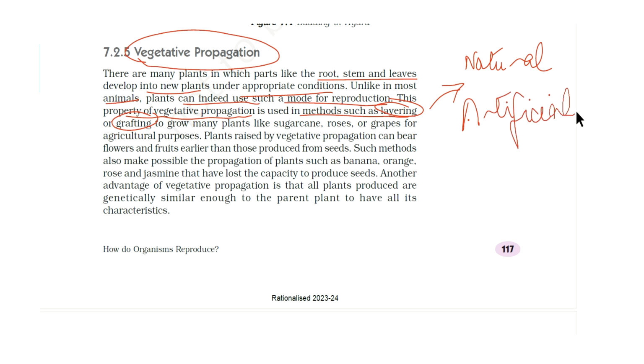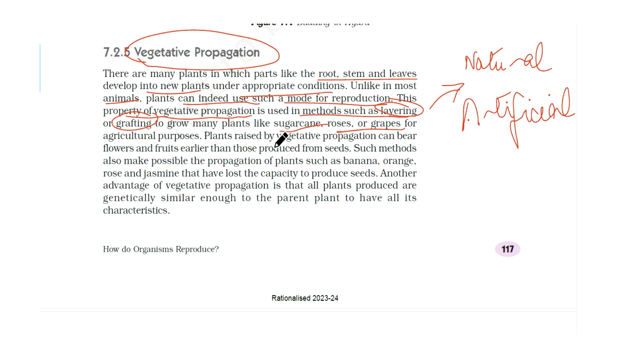When parts of a plant like roots, stems and leaves develop into a new plant, that is the natural method. And when it is done in agricultural fields, like layering and grafting to grow more plants like sugarcane, roses or grapes, it is called artificial propagation.